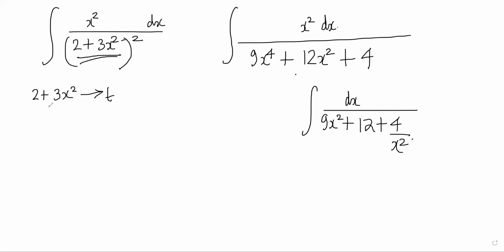If we take this as t, we get 6x dx, right? Dt. Okay, fine, we'll do that only.